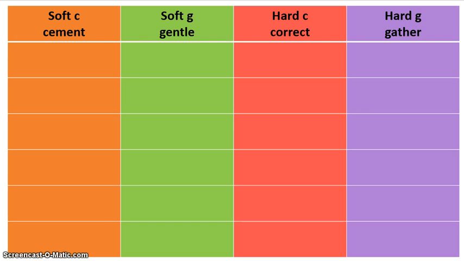So let's start with the orange column, and it's going to be the soft C sound, as in the word cement. Now, the reason why this is hard, it'll be easy when you sort because you know that all the words start with C. However, when you're spelling along and you don't have a chart, or it's not a spelling word, you have to be able to tell the difference between a soft C and the S sound, and that can kind of get a little confusing.